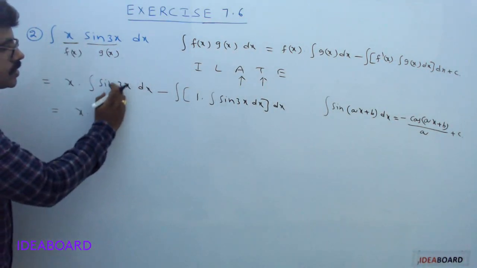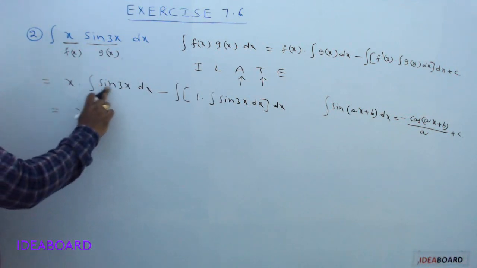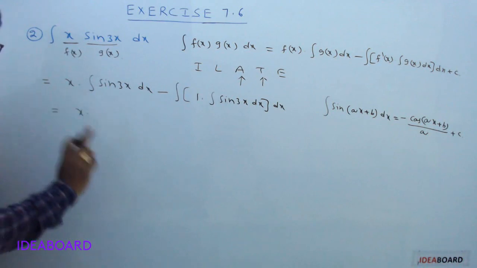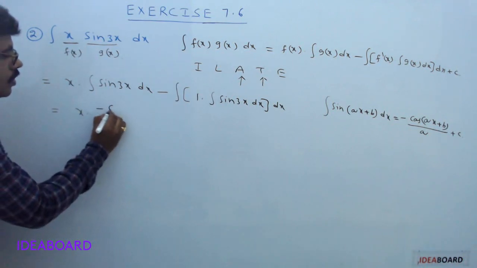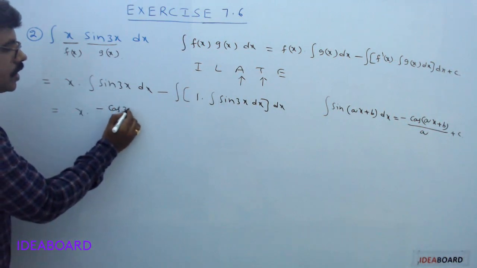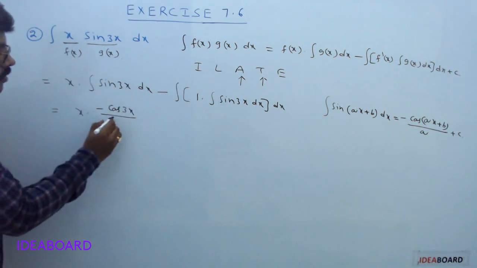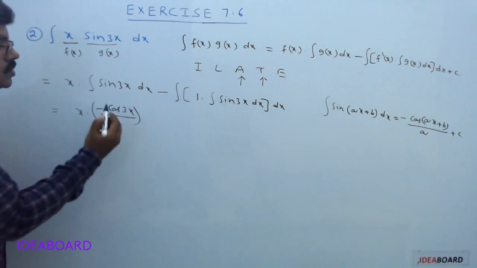Now consider 3x as x. Then it is of the form integral sin x dx, which is minus cos x. Here x is 3x, divided by the x coefficient in the integrand, which is 3.